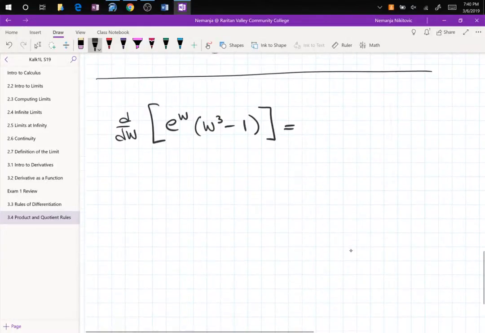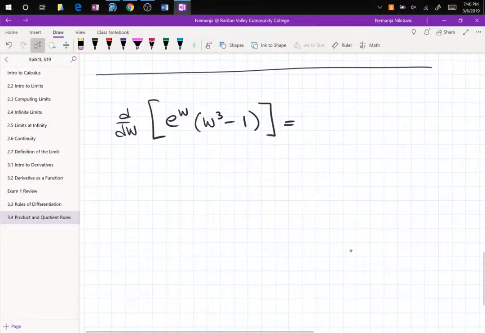So this is our product rule, right? You have the product rule and quotient rule formulas on the board, so you can refer to those.